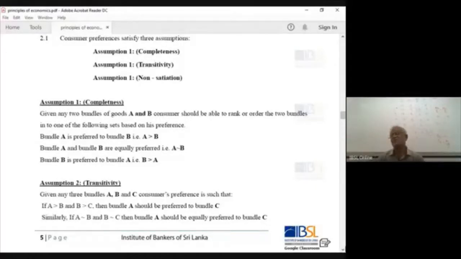What is the meaning of completeness? When I ask one of you to rank these and give your preference, you can't say, oh, they are so different, I don't know, I can't classify. No, that is wrong. You should be able to give a ranking. That's why I say any 2 bundles, any 2 situations, the consumer should be able to give his ranking.